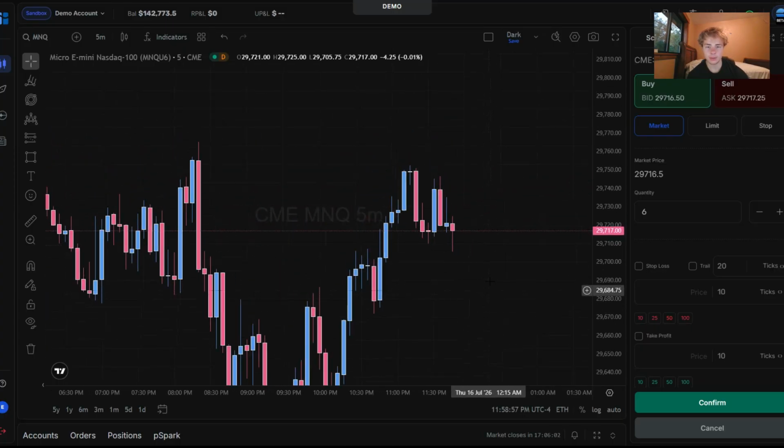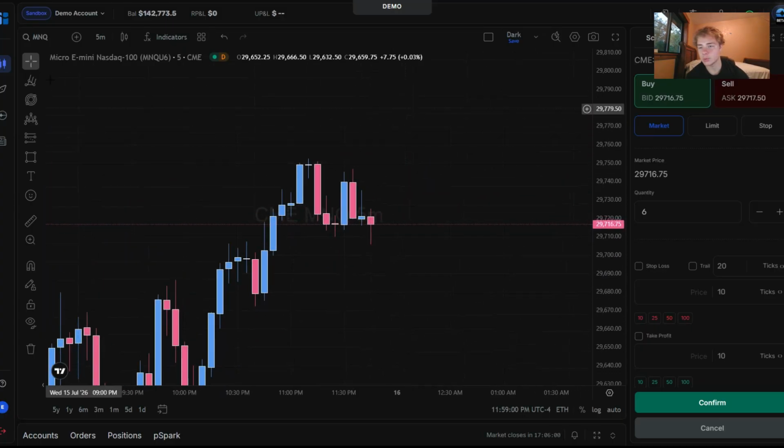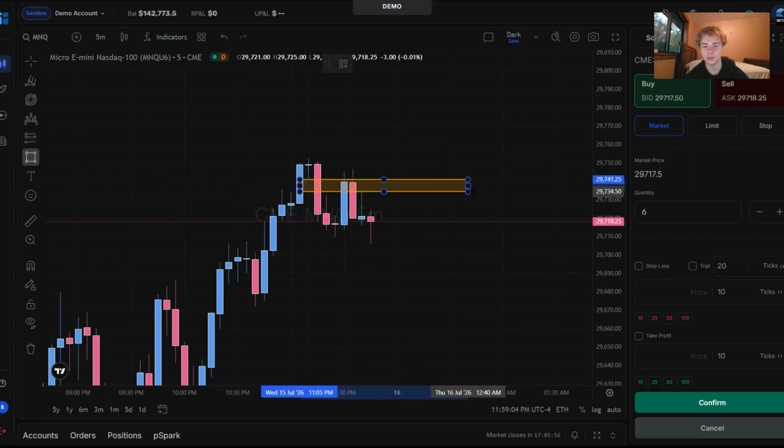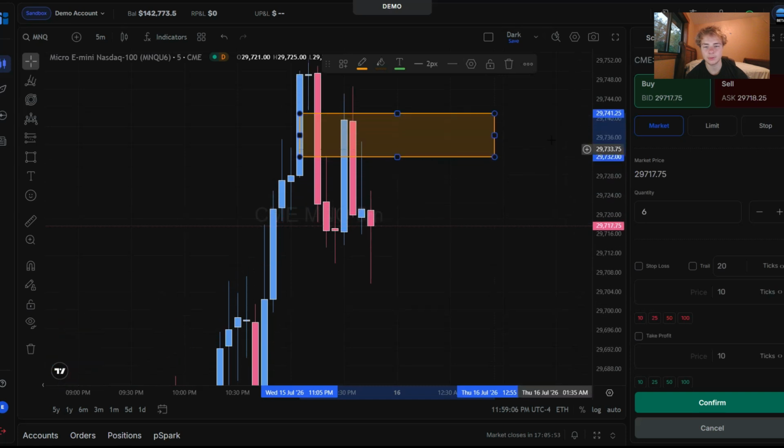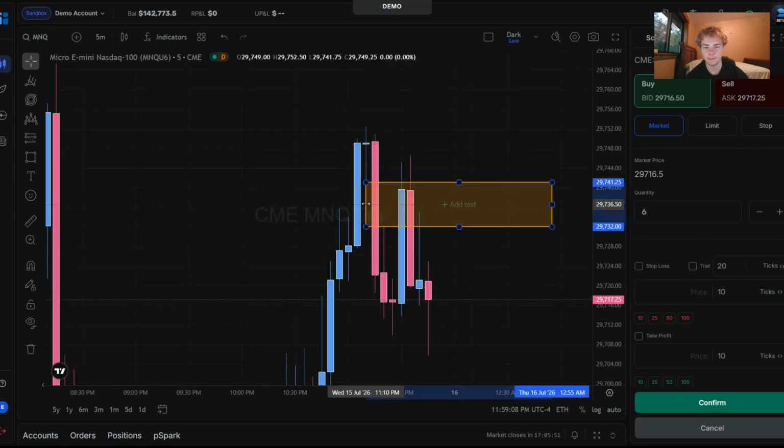So let's just look around. Here's one right here. Look at that. Bearish fair value gap right there. First candle, third candle. There's a gap between the wicks right here on this candle body.